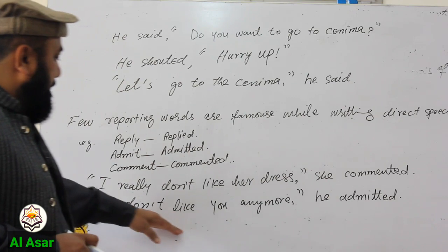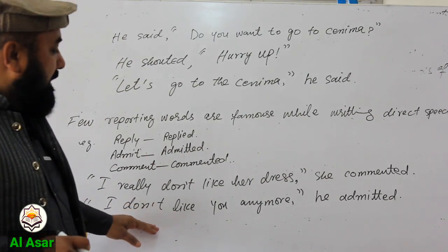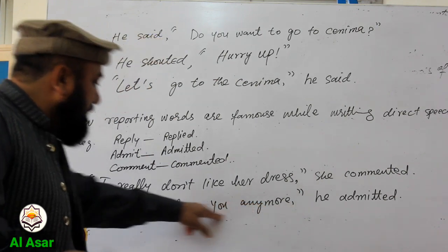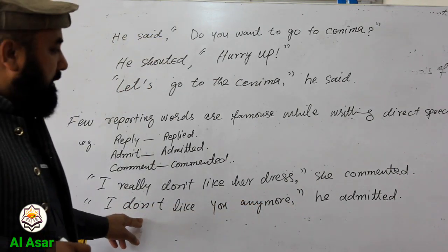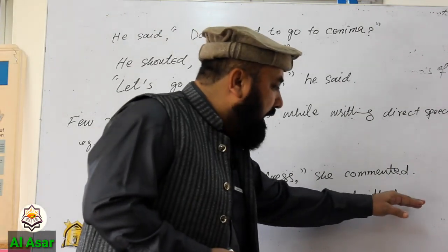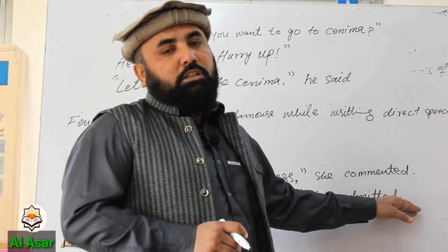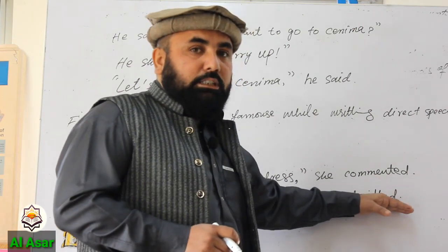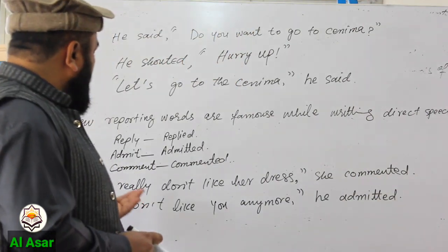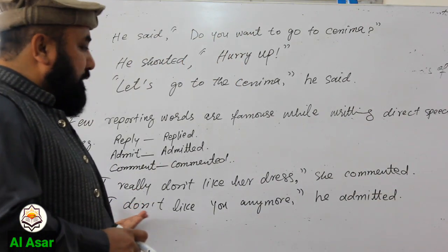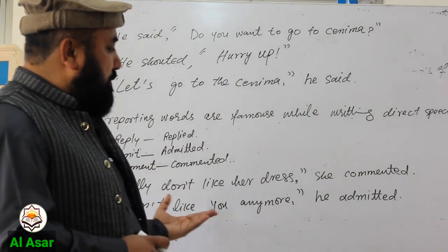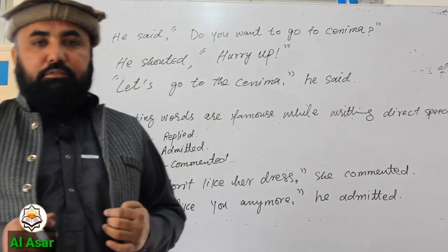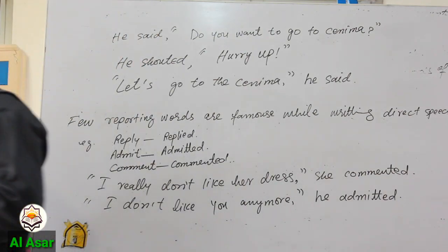And the rest of the rules will be the same, that you will put a comma at the end of the sentence inside the inverted commas and a full stop at the end of the reporting speech. It doesn't matter whether it comes at the end of the sentence or in the beginning of the sentence. If you have learned where to put a full stop and where to put a comma, it will not make a difference for you.